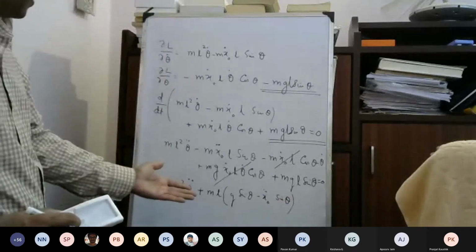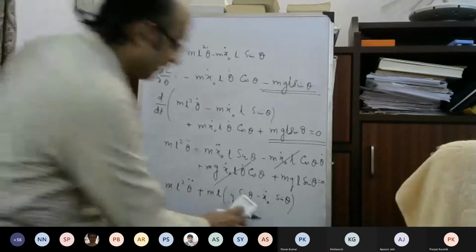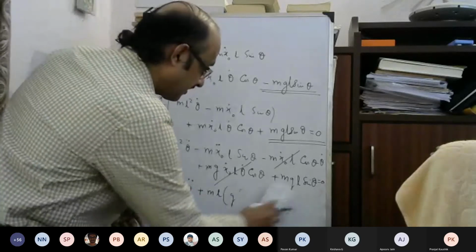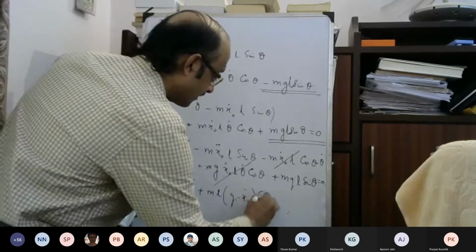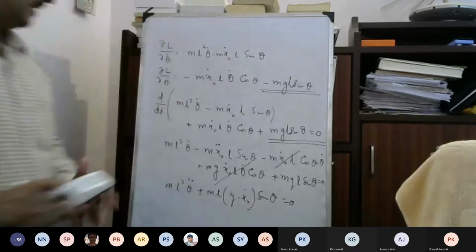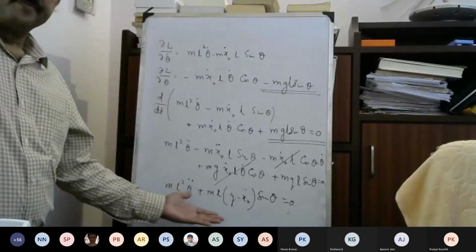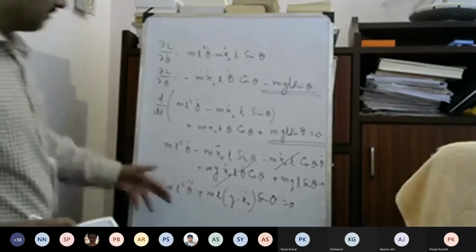I believe I have done it correctly. So there will be this g minus x naught double dot. Fine. So this is the equation of motion you get.